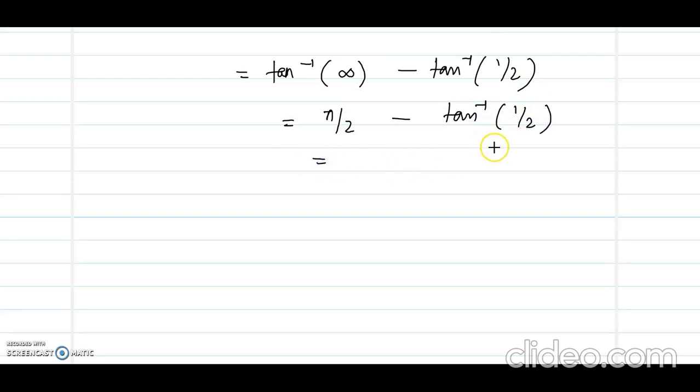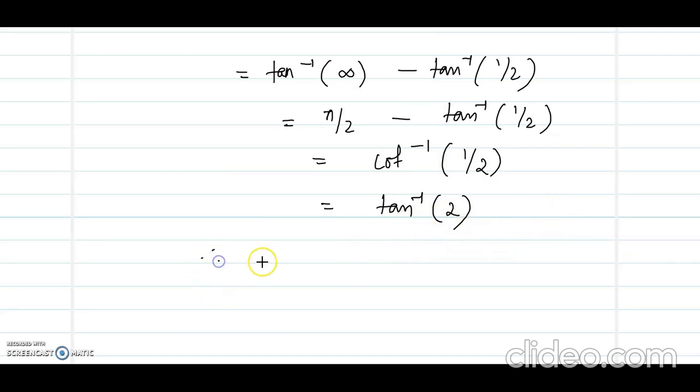Now pi by 2 minus tan inverse of x will be cot inverse of x. So this will be cot inverse of 1 by 2. Now cot inverse of 1 by 2 is same as tan inverse of 2, since cot inverse of 1 by x is same as tan inverse of x. So that way we will get tan inverse of 2.